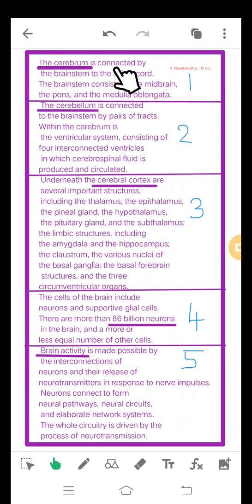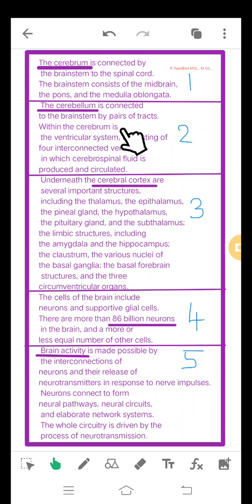The cerebrum is connected by the brain stem to the spinal cord. The brain stem consists of the midbrain, the pons, and the medulla oblongata. Then second point, the cerebellum is connected to the brainstem by pairs of tracts.